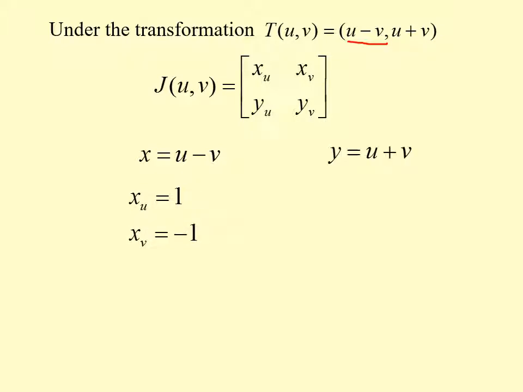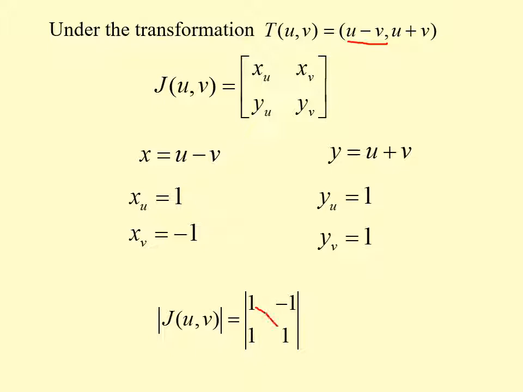We need to take the y, do the partial with respect to u and v, and then substitute those into the Jacobian matrix and do the determinant of that. Now to evaluate this determinant, remember we multiply, and subtract. So that'd be 1 minus negative 1, or 2.